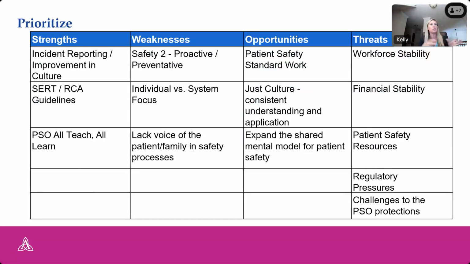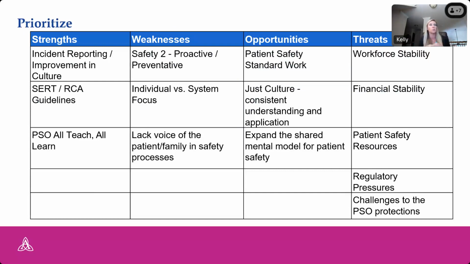So we took the opportunity from that first assessment to say, okay, what are our strengths, weaknesses, opportunities, and threats as we look at prioritizing how we improve? And so you'll note there were many things from this self-assessment that we had conversations about that we did really well. We have a very strong reporting culture from an incident reporting perspective, very strong guidelines from a root cause analysis perspective.